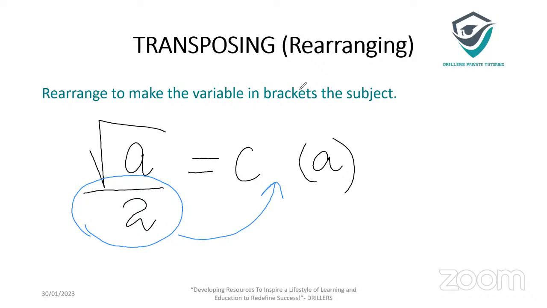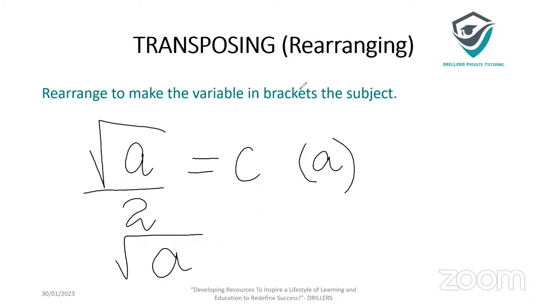So now I would have the square root of A is equal to C multiplied by 2. So remember I told you when you have a variable and a constant that is being multiplied, you can just write it together. So if we want, we can keep the 2 multiplied by C, or we can just write 2C.